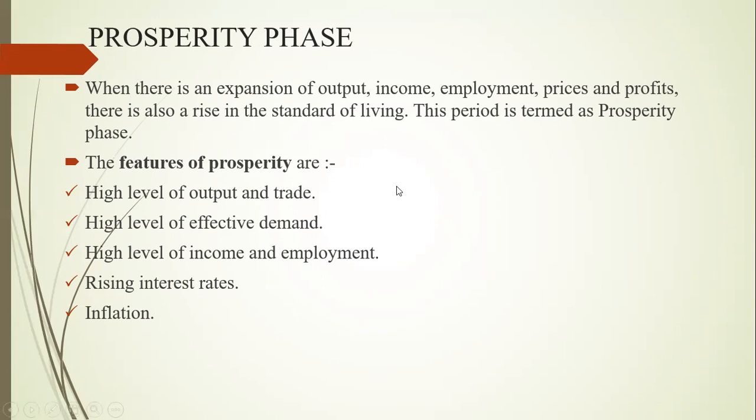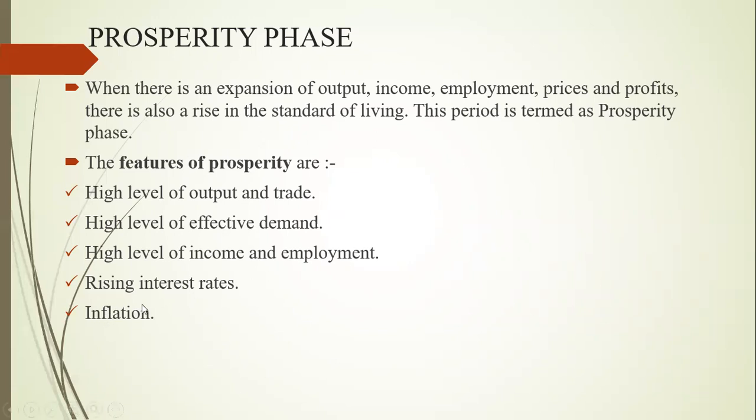Now, what are the features of the prosperity phase? A high level of output and trade will be there. More and more production will happen, and business will improve. Effective demand will be there, a lot of demand will come. Aggregate demand will increase, and a high level of income and employment will be there, because if you are producing more and more, you require more people, and if more people are working, their income will increase, and as a result, disposable income will also increase.